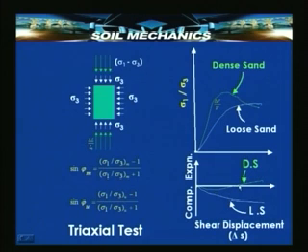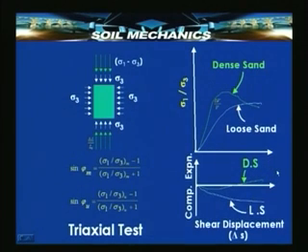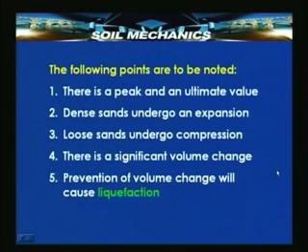In the case of dense sand, this gets converted into an expansion as the shear displacement increases, whereas in the case of loose sand, continuous compression goes on taking place. We can summarize our observations like this: there is a peak and an ultimate value when a sand is subjected to either direct shear or triaxial shear. Dense sands undergo an expansion, loose sands undergo compression. There is a significant volume change in both cases.